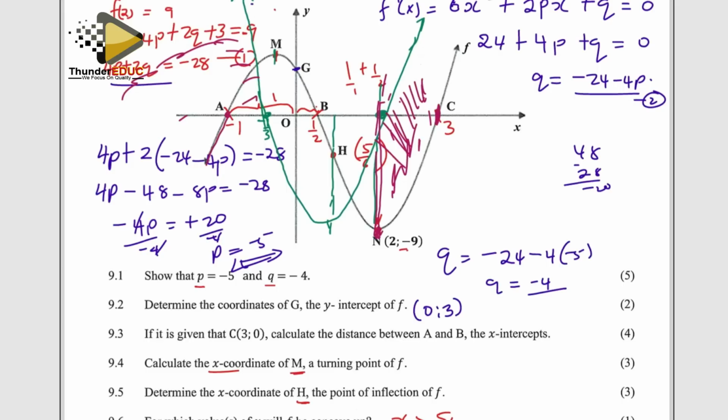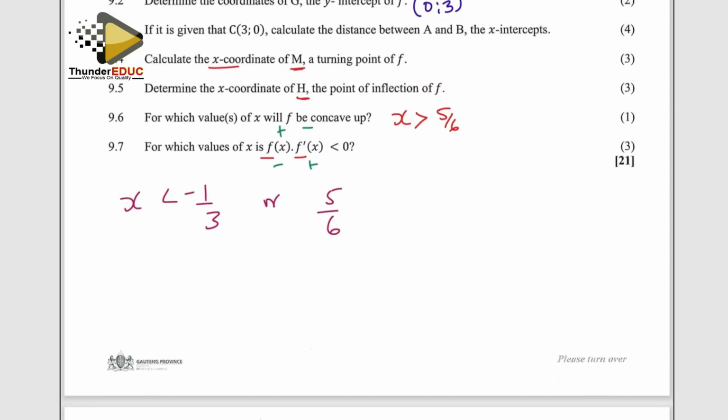Because we're talking about the parabola itself. So I'm going to use this 2, not 5/6, 2 and 3. Between 2 and 3. Not 5/6. So it's 2 less than x and then less than 3. So that's what we had to do.